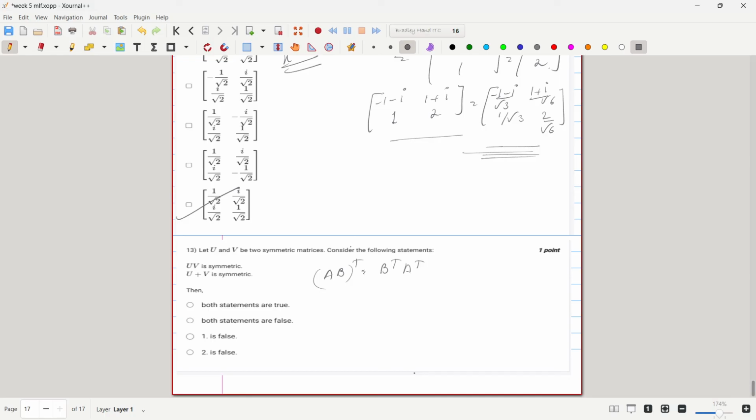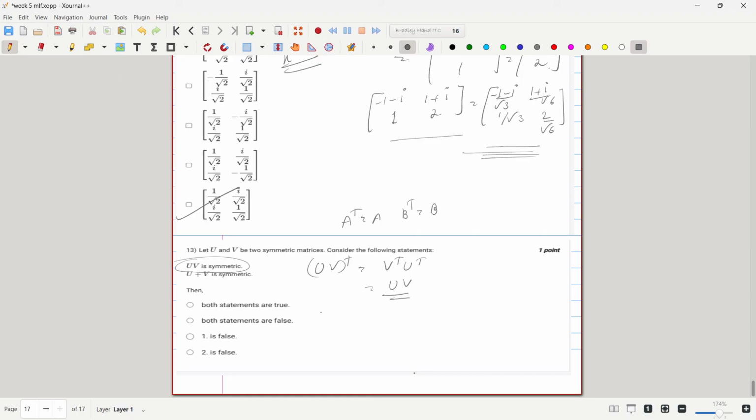If A and B are symmetric, that means A transpose should be equal to A and B transpose should be equal to B. So AB transpose is AB. Similarly, if you say UV transpose, this will be equal to V transpose U transpose, and if these are symmetric, then this will be equal to UV. So that means this is symmetric.